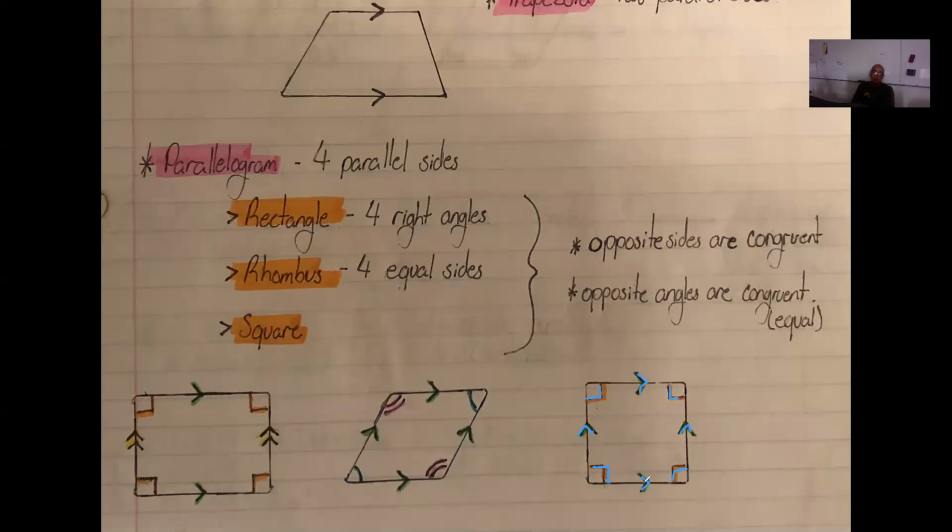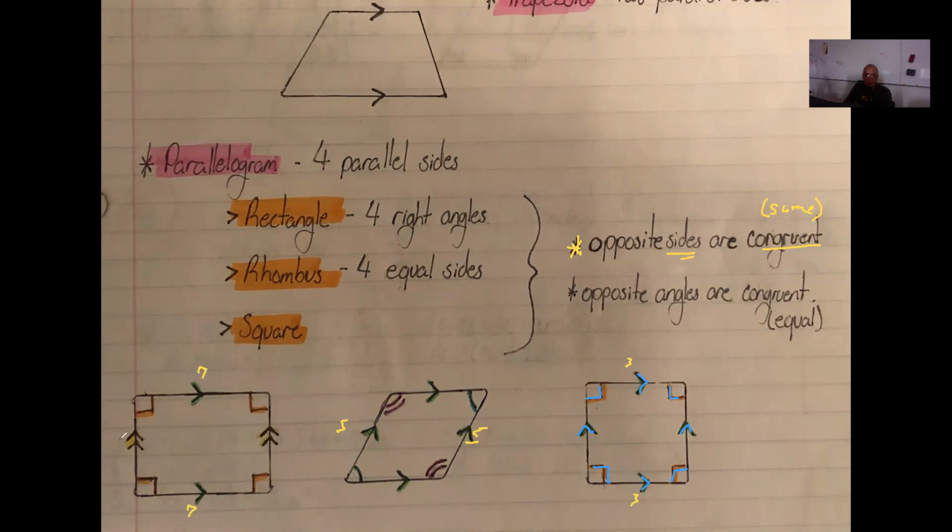So again, no matter what the parallelogram looks like, it is always going to fulfill these things right here. Three things really. Opposite sides are congruent, and congruent just means the same or equal. So the opposite sides on a parallelogram will always be the same length. So if this is 5, this is going to be 5. If this is 3, this is going to be 3. If this is 7, this is going to be 7, because those are opposite sides.